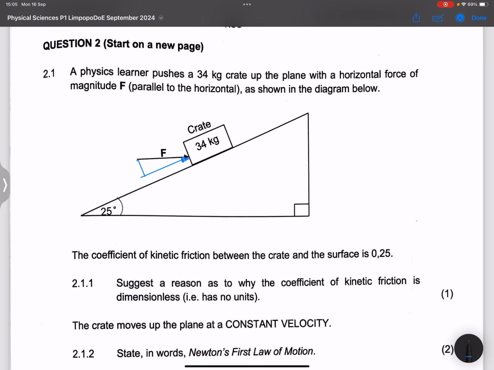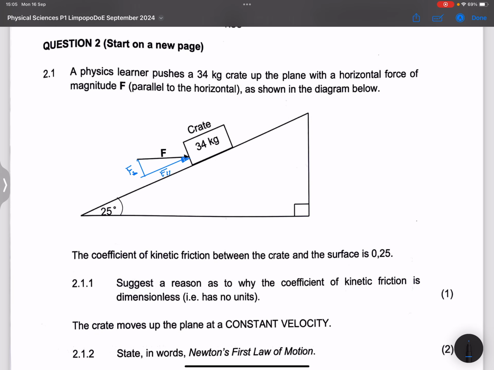There will be a parallel component of the applied force, let's call that F parallel, and a perpendicular component, that would be F perpendicular.